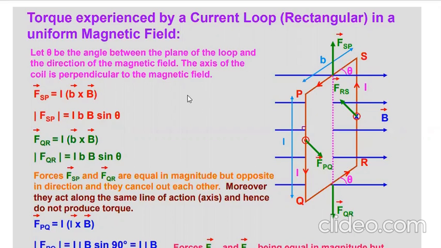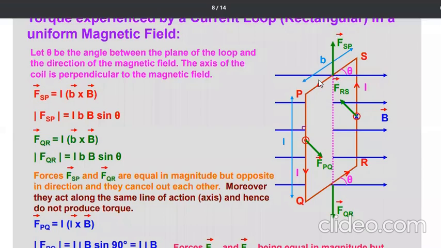So here, consider theta as the angle between the plane of the loop and the direction of magnetic field. The axis of the coil is perpendicular to the magnetic field. This is the axis of the coil.